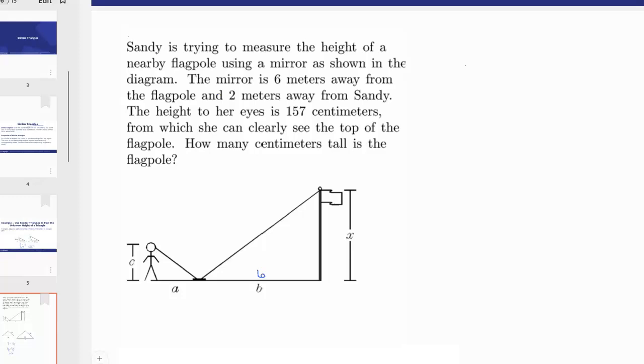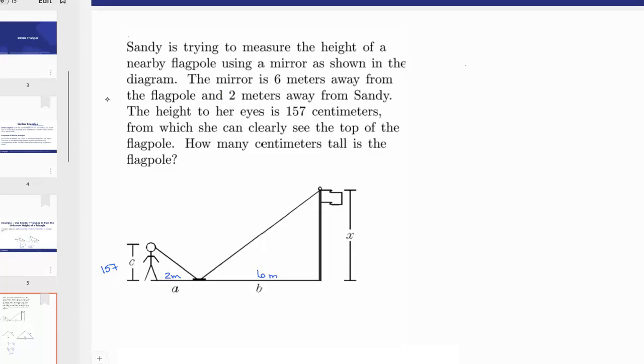The height to her eyes is 157 centimeters, from which she can clearly see the top of the flagpole. How many centimeters tall is the flagpole? So we're looking for this.